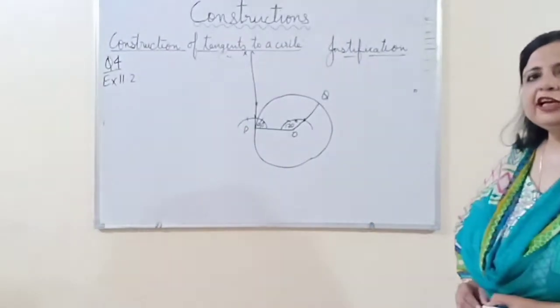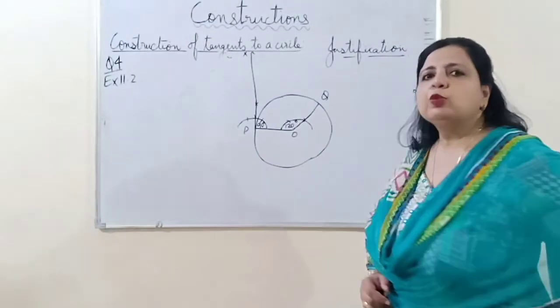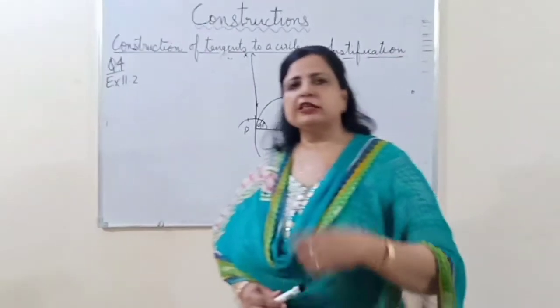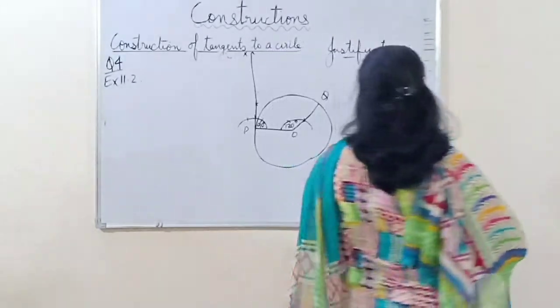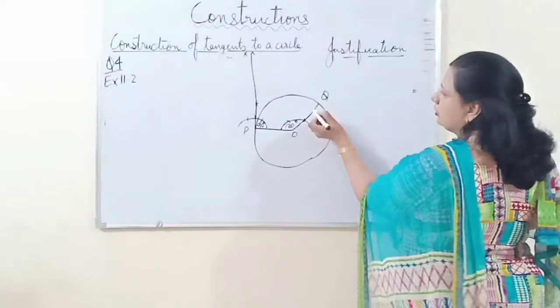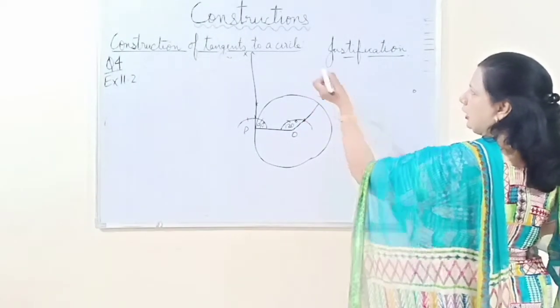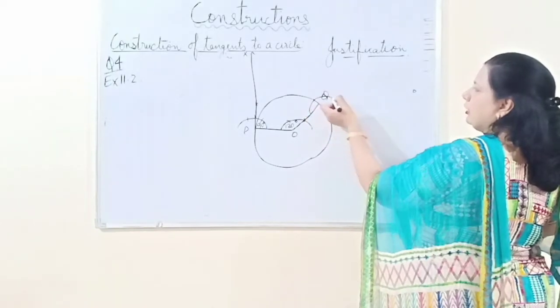Now similarly at Q, we will construct angle OQY equal to 90 degree. I am not going into the depth of construction of angles because you have already done this in your earlier classes and you may be knowing. So from Q, we will draw an arc.